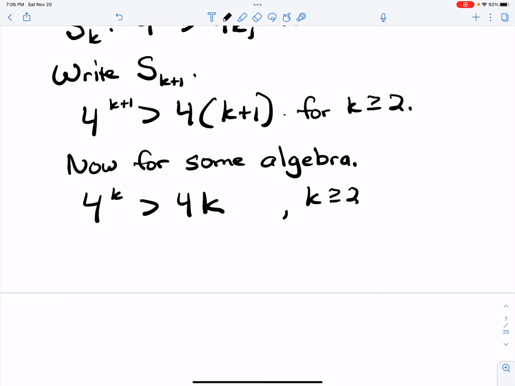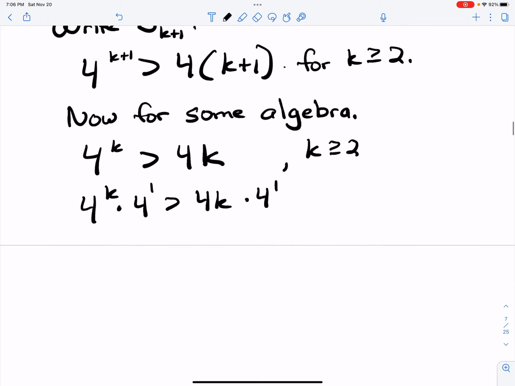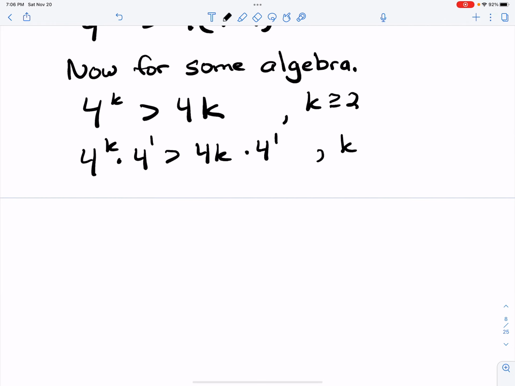And probably the easiest way to do that is just to multiply by a 4. But what you do on one side, go ahead and do on the other side as well. So on the left side, you can rework that using exponent rules and say 4 to the k plus 1 is greater than, I'm going to write 4 times 4k.